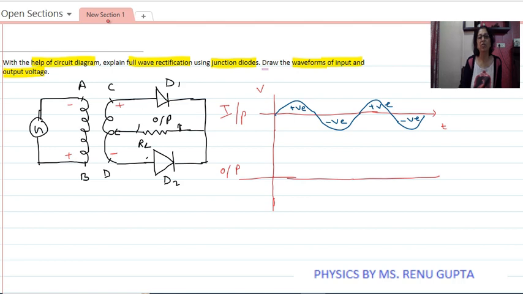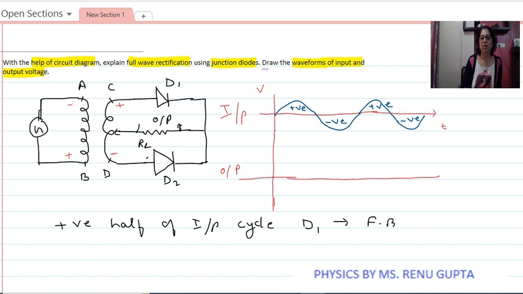So the P region of diode D1 is connected with positive. So diode D1 is forward biased for the positive half of the input cycle.